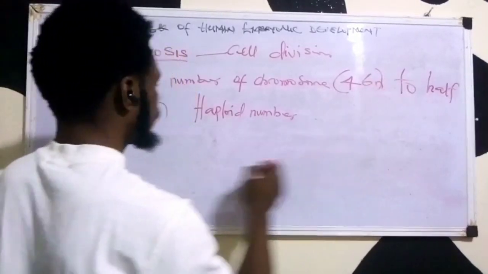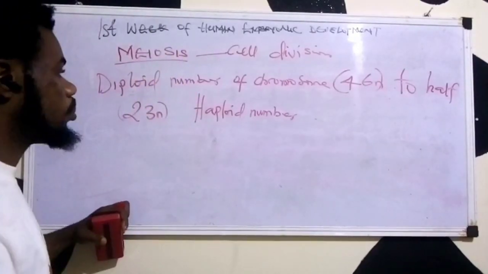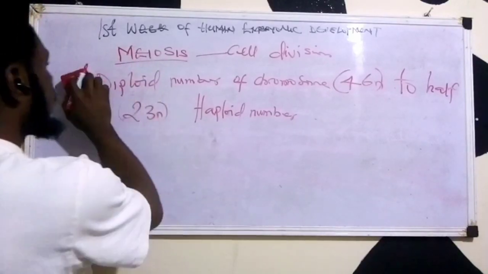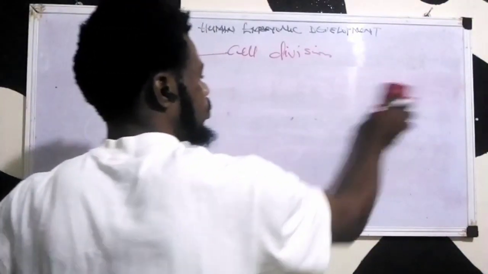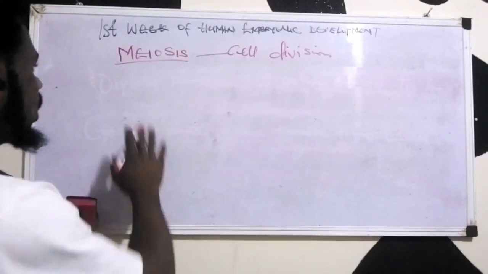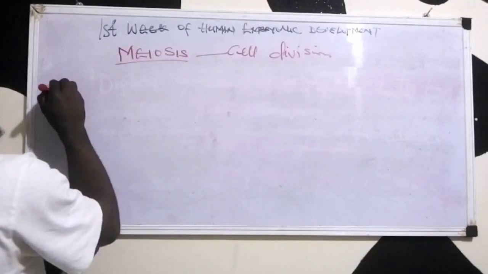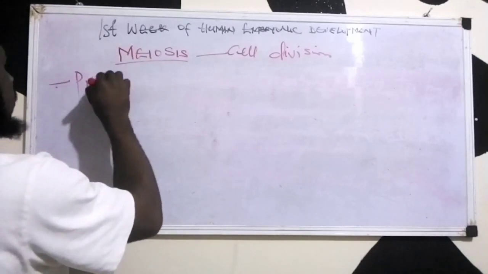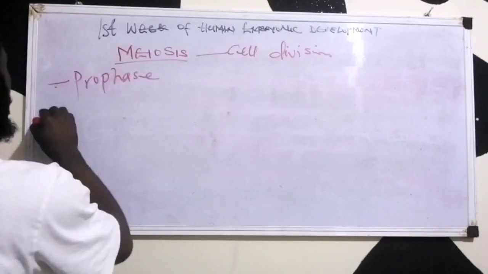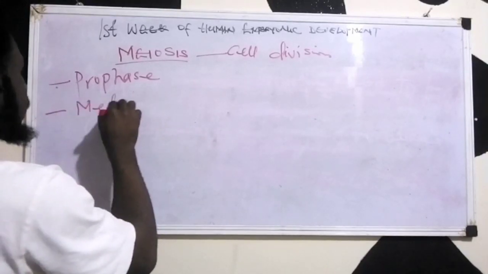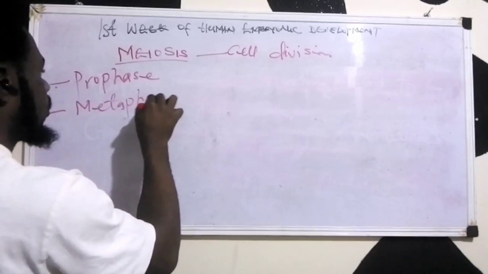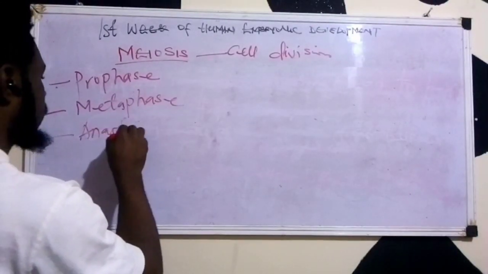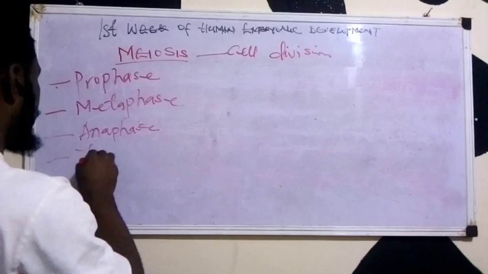And this meiosis has 4 stages, which are prophase, metaphase, anaphase, and telophase.